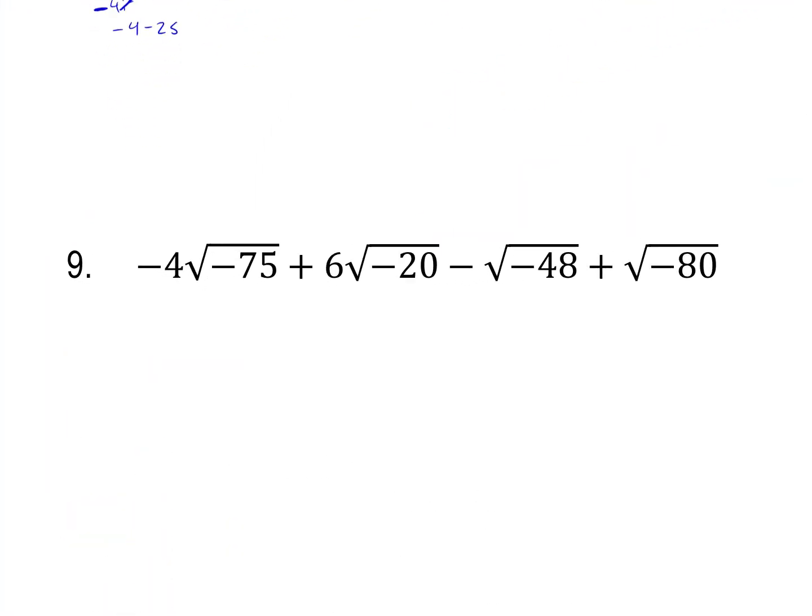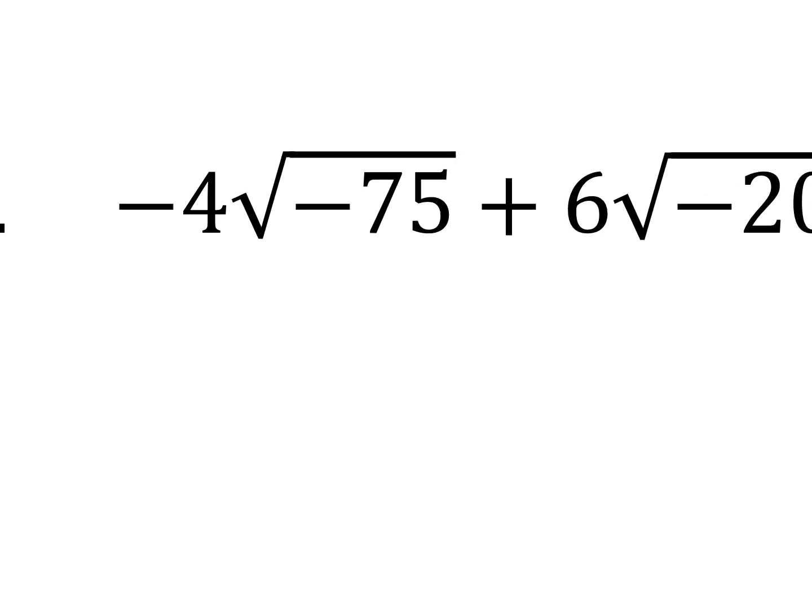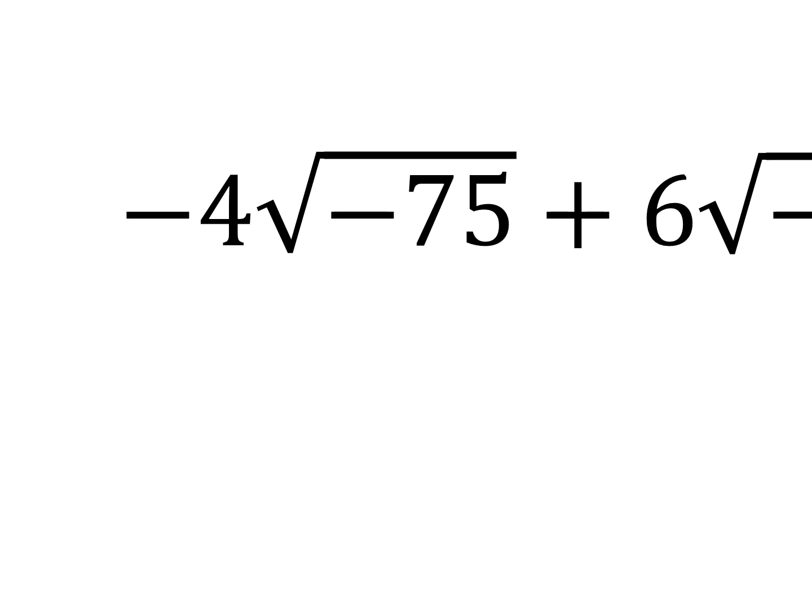All right, let's look at 9. Can I combine all 4 of these together? No. But let's see if we can simplify and make them combinable. First thing I want to do, looking at my first term, I want to take out the negative and change it to an i. And then let's simplify our radical.